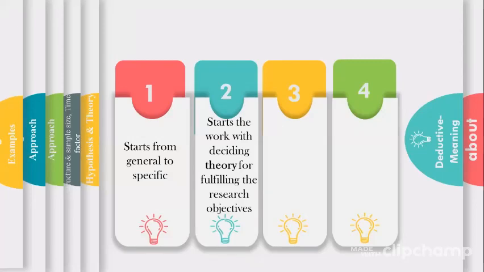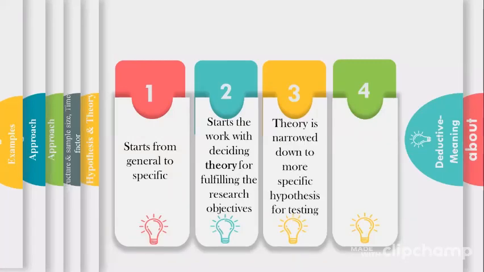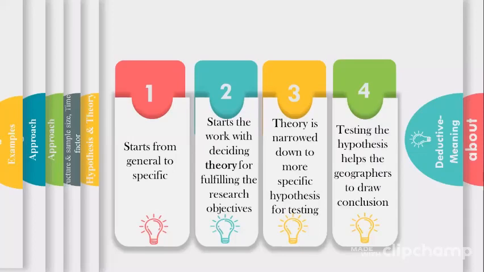Once the theory is decided, then the objectives and the methodologies are done according to the theory. Then a specific hypothesis is fixed, and the hypothesis is tested, and whether it is found okay or not okay, based upon that conclusions are drawn.